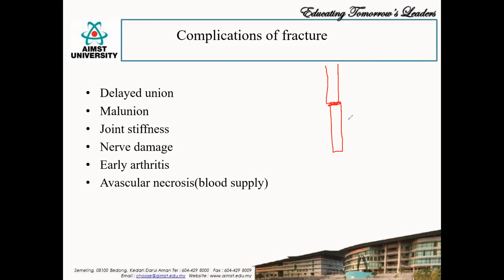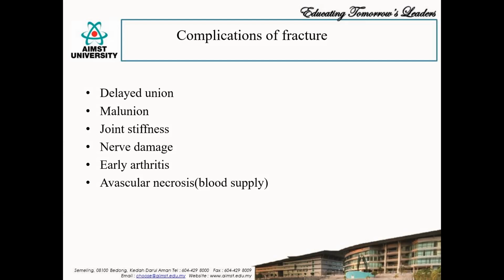So you cannot achieve the normal range of motion. The muscles are also at a disadvantage. We have various problems with that. And joint stiffness: sometimes a restricted joint may go for stiffness, and nerve damage, where nerves may get affected, and early arthritis.